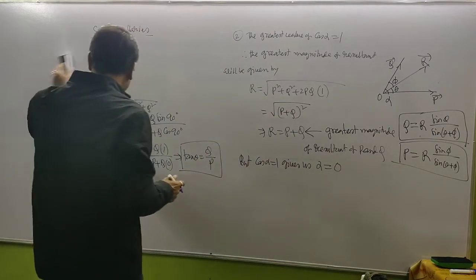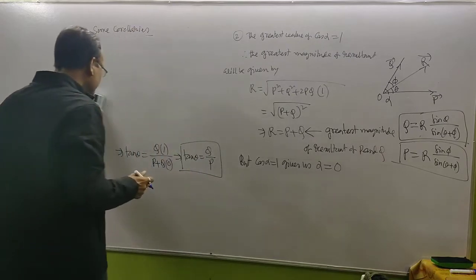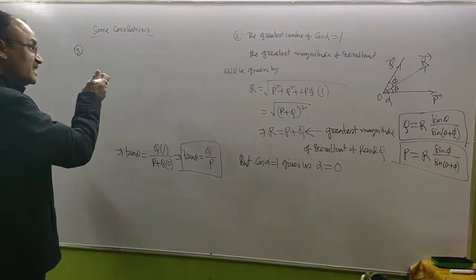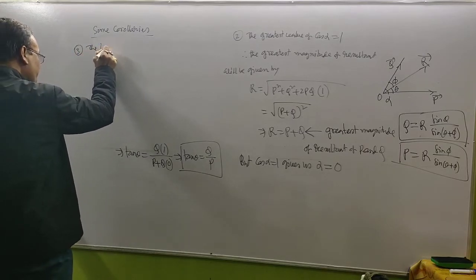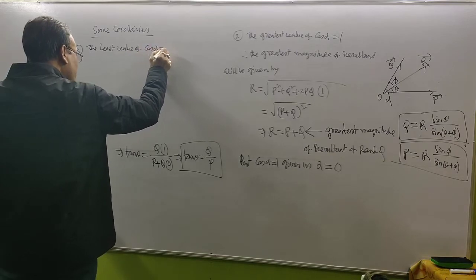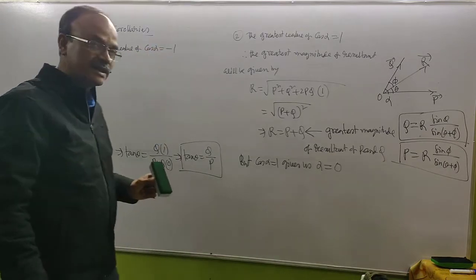Number 3. The least value of cos alpha is equal to minus 1.